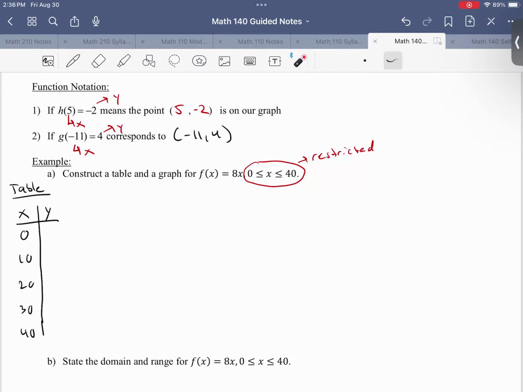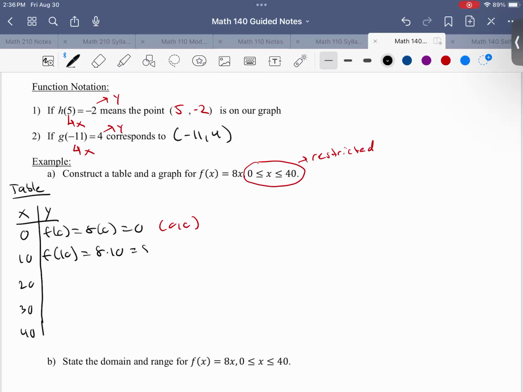Okay, so what I'm going to do is plug in all these x values into our function and get our output, meaning y value. So this would be f of 0, which is 8 times 0, which is 0. Now I get the coordinate point (0, 0). Likewise, if I plug in 10, I get 8 times 10, which is 80.